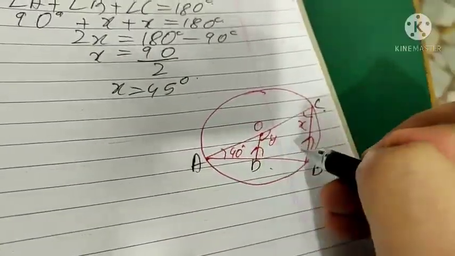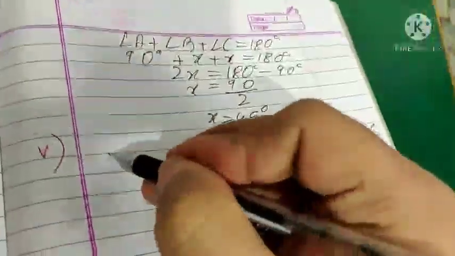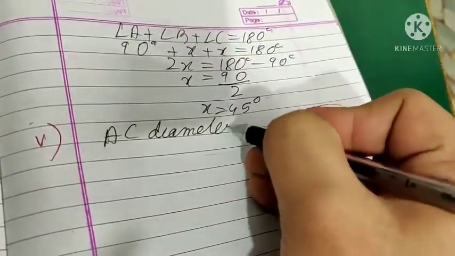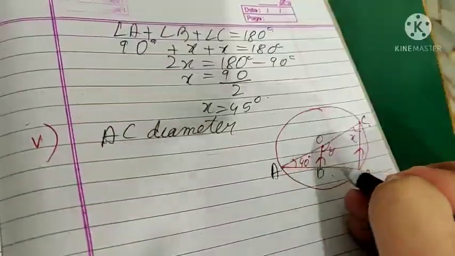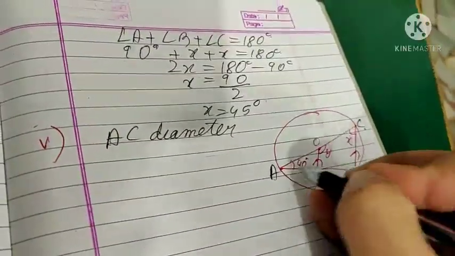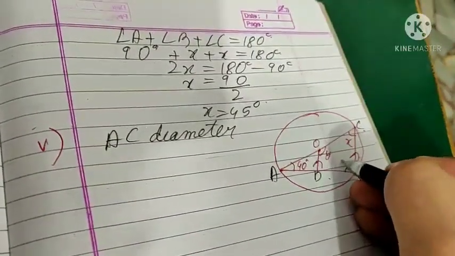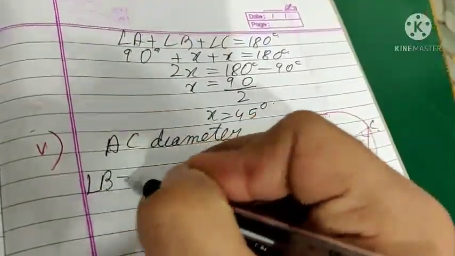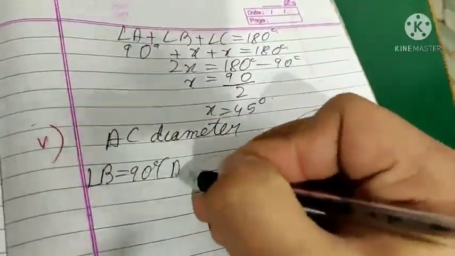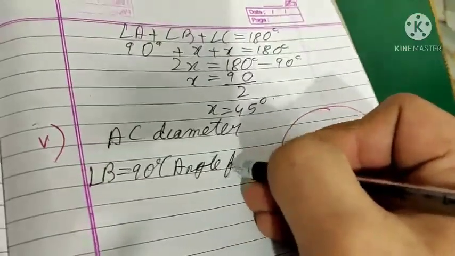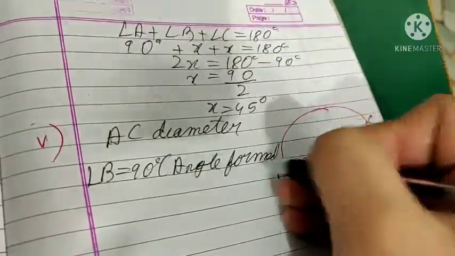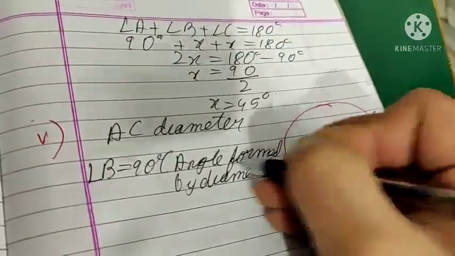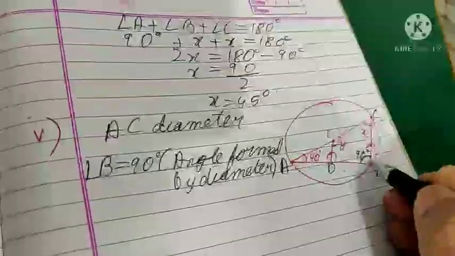Now if we see that AC is the diameter, so the angle formed by the diameter, that is this angle B, is 90 degrees. Why? The angle formed by a diameter or semicircle is always 90 degrees. So angle B is 90 degrees.